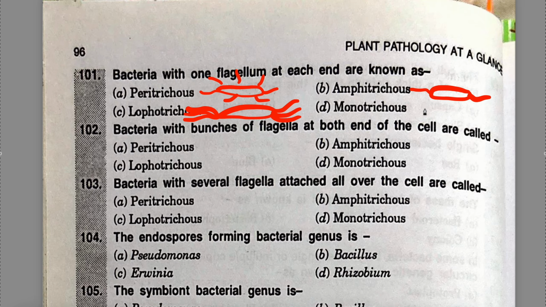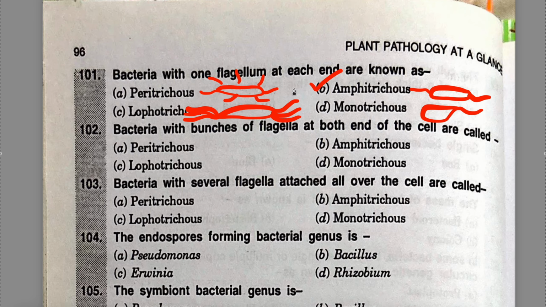And monotrichous, in which there will be only one flagellum. So by the drawing, you might have got the answer by now. The answer will be amphitrichous, in which we see one flagellum at each end.